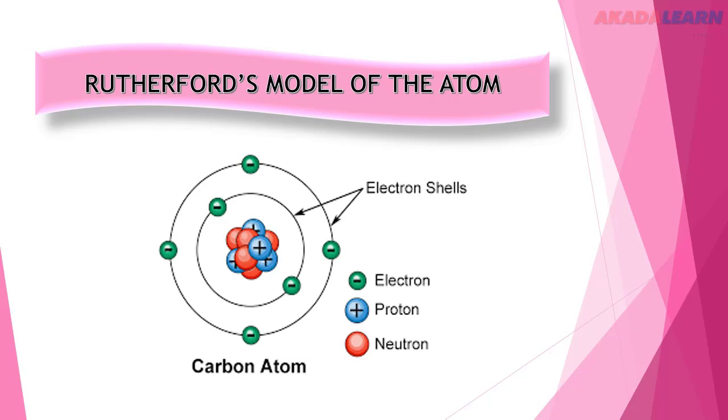Now, the electrons going around the nucleus are the ones you can see in green. So, the nucleus, which is at the center, has all the mass of the atom, while the electrons revolving around the nucleus do not have any mass. We refer to this model as Rutherford's model of the atom, or the nuclear model of the atom.